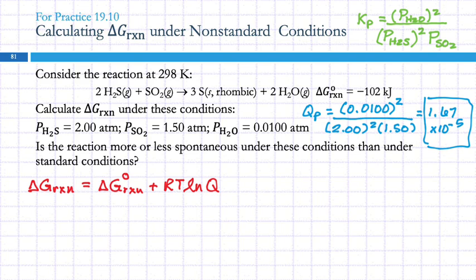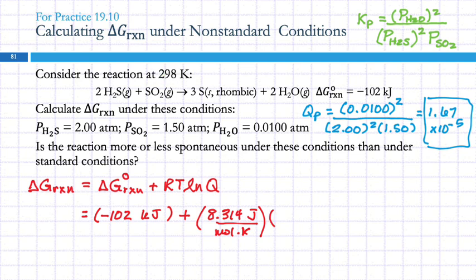Now that I know that, I can do this calculation. We're given delta G for the reaction, minus 102 kilojoules, plus R, 8.314 joules per mole Kelvin, times the temperature. Here it just says 298. I'm okay with you putting 298.15 if you want, but I'm just going to go with 298 K. And then the natural log of Q that we just calculated, 1.67 times 10 to the minus 5.